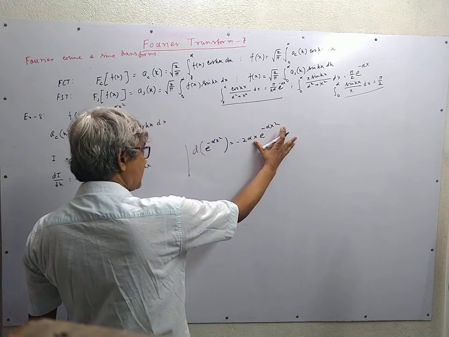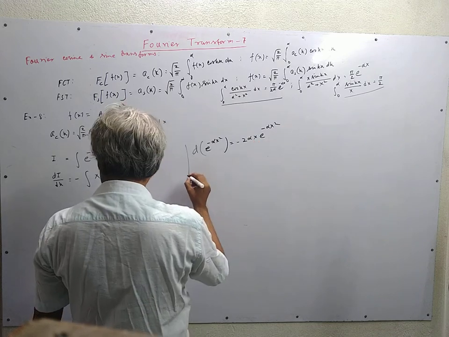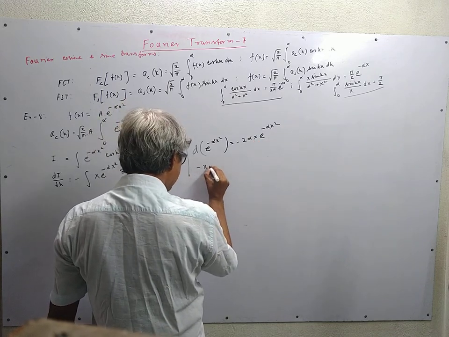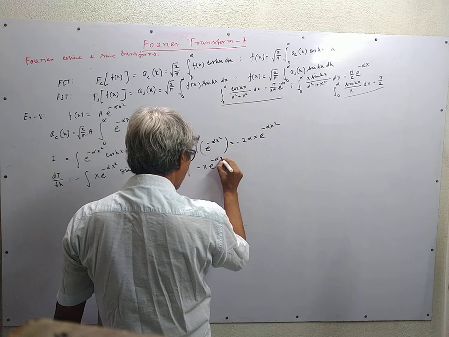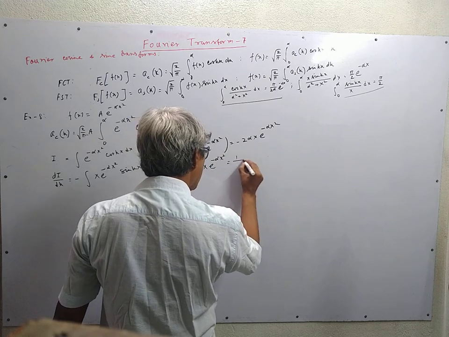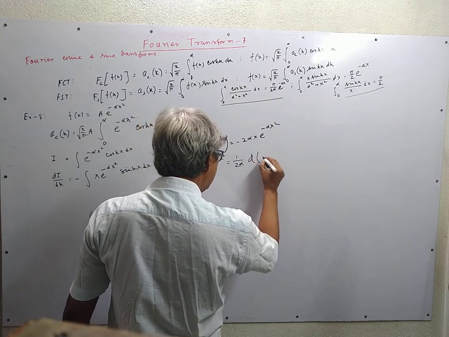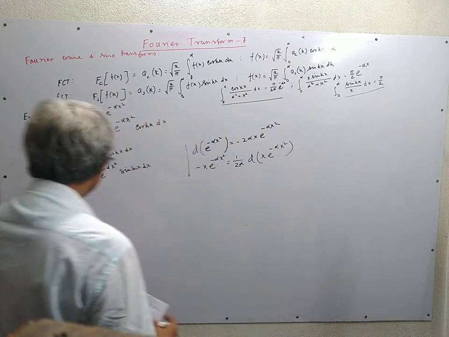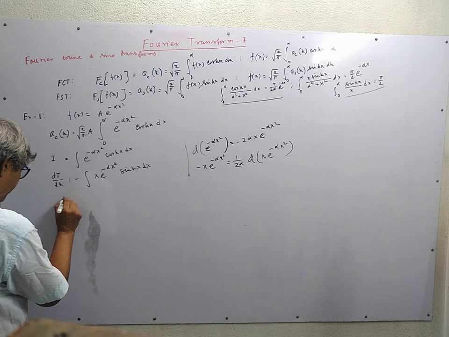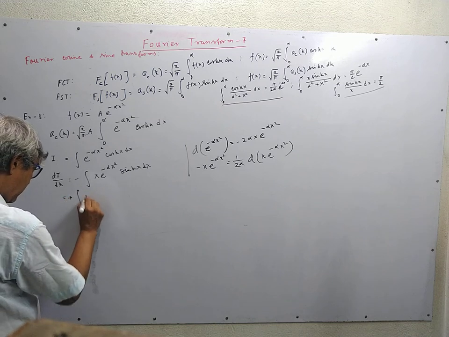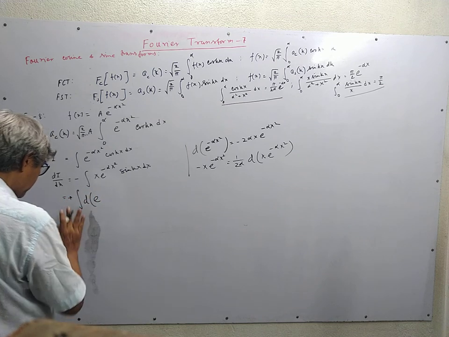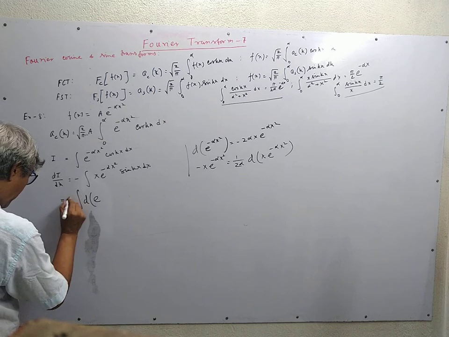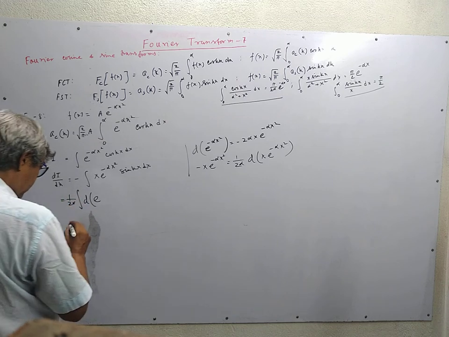Minus x e to the power minus alpha x square is equal to 1 upon 2 alpha d of x e to the power minus alpha x square. So this is plus 1 upon 2 alpha, which has to be adjusted.